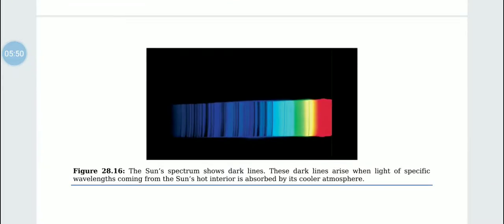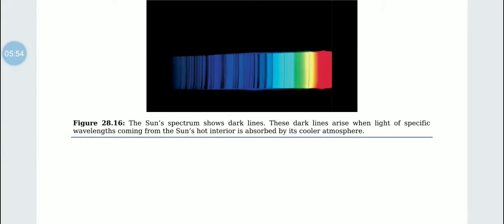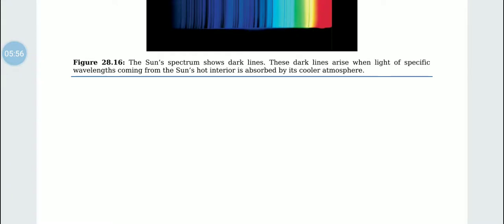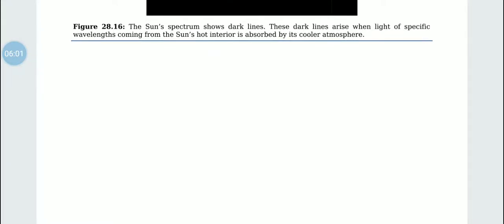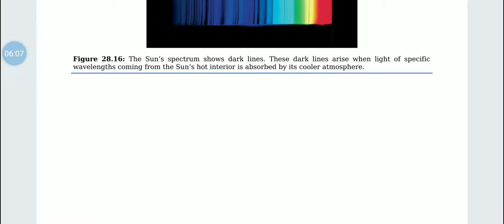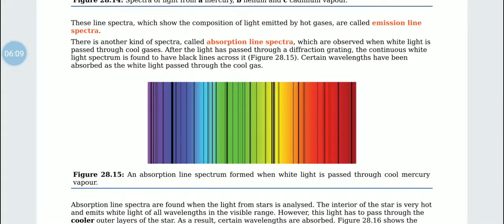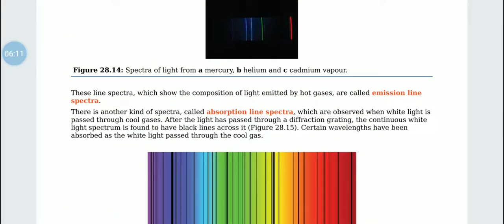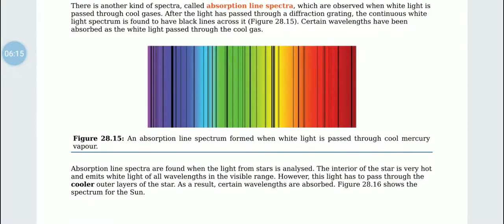This is what happens when you observe the spectrum of the sun. The light coming from the hot interior is absorbed by the cooler atmosphere. That is basically what you need to know, what absorption line spectra and emission line spectra mean.